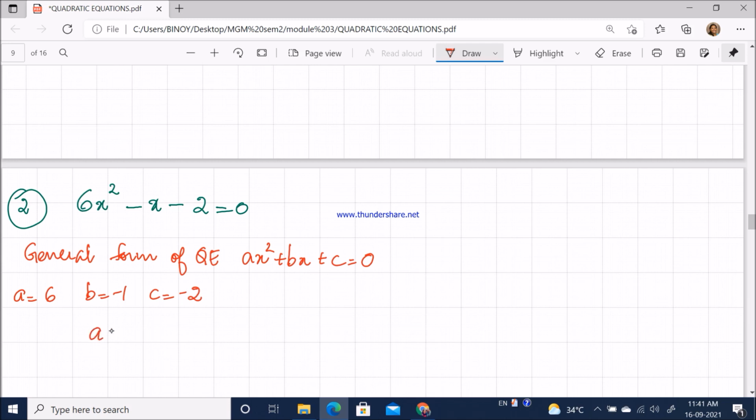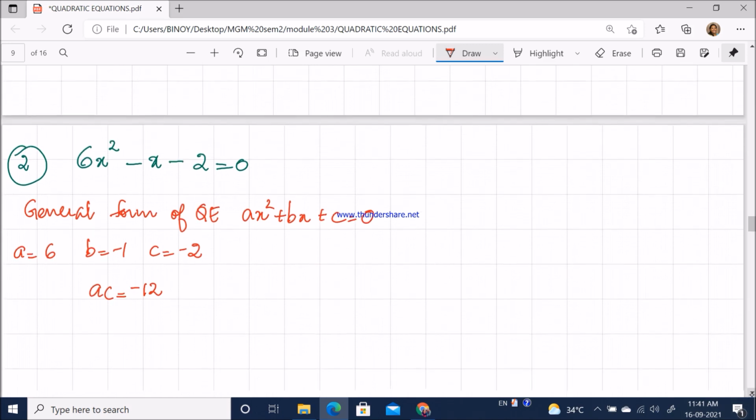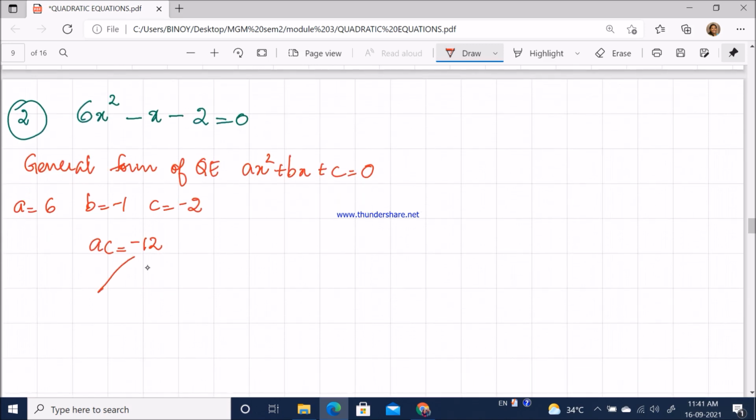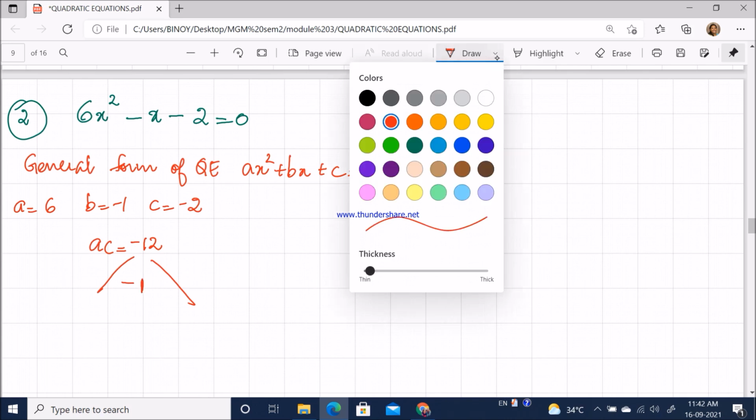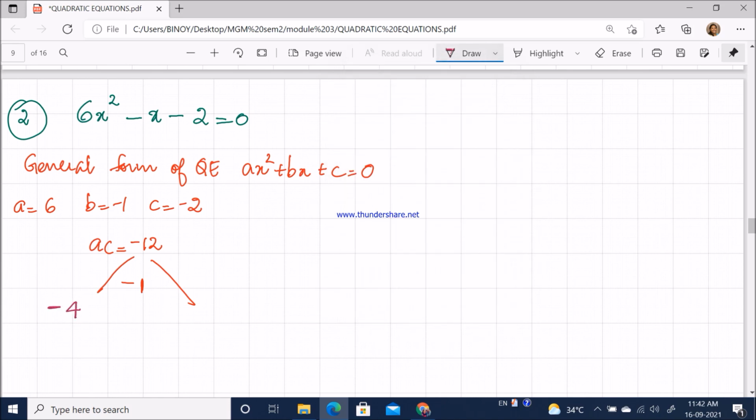So the product ac is equal to minus 12 and the sum is minus 1. Since it is a minus value, it should be minus 4 and plus 3. Okay, so 6x square minus 4x plus 3x minus 2 equals 0.